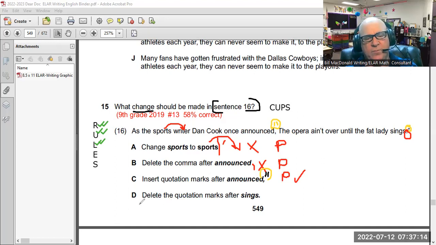So I would probably select that. Let's check the other one. Delete the quotation marks up there in the air after sings. Well, since we started talking and we stopped talking after sings, we need our opening and closing dimples. So it wouldn't make sense to delete that.